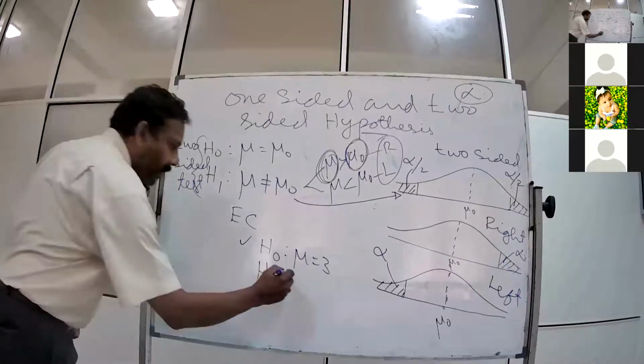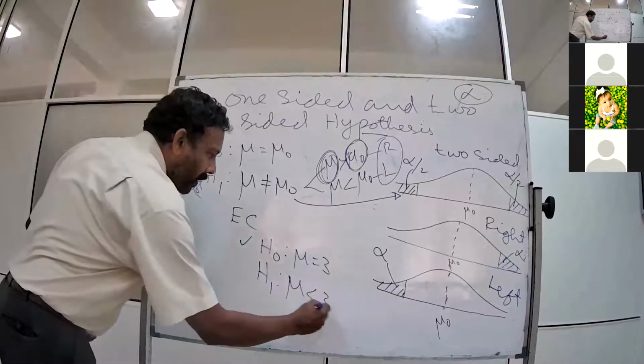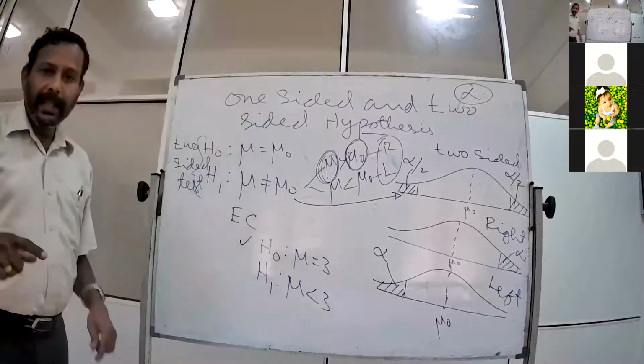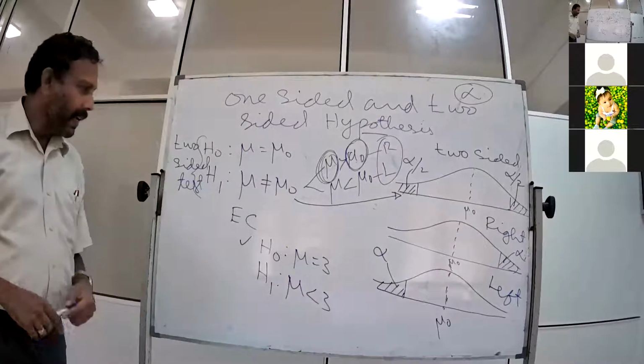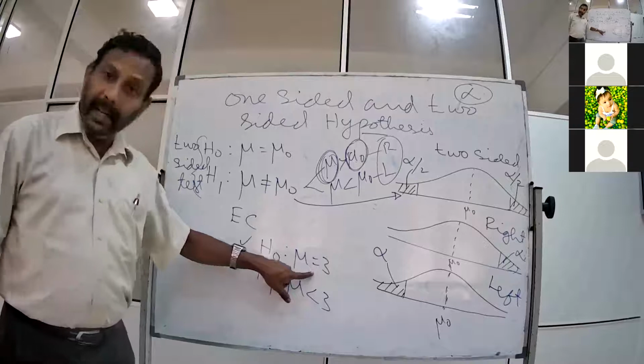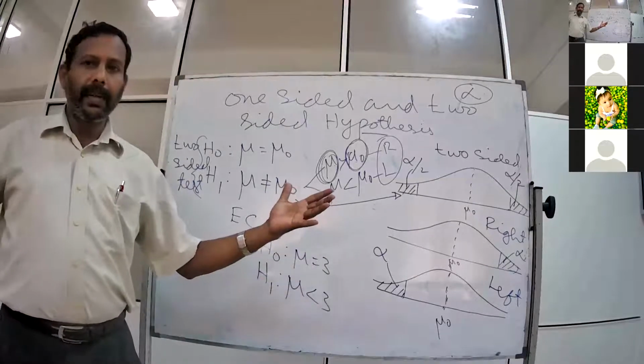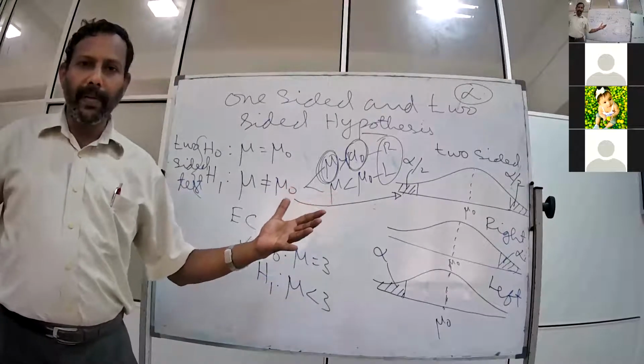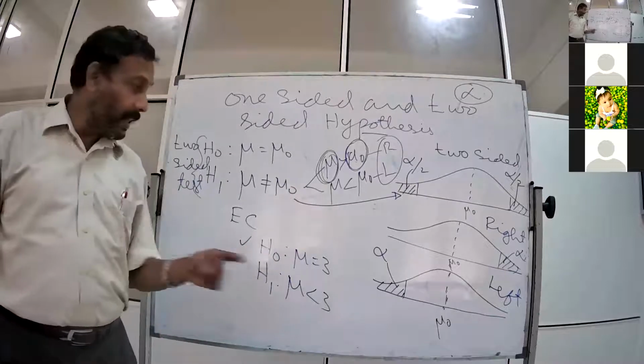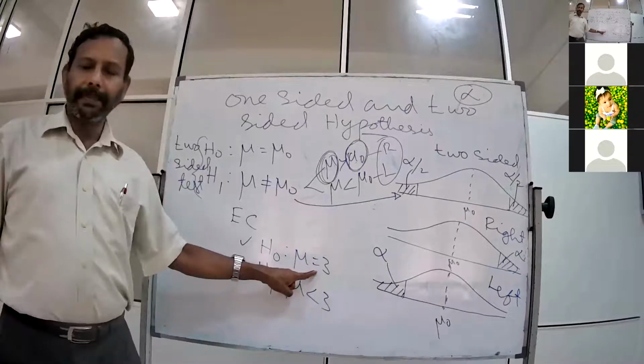If it is equal to 3, then we cannot use that water for irrigation.